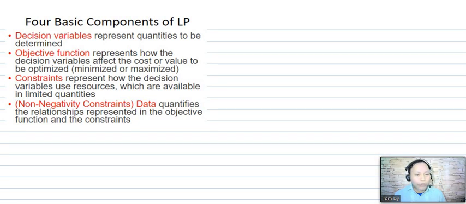Constraints represent how the decision variables use resources which are available in limited quantities. And lastly, we have the non-negativity constraints and the data which quantifies the relationship represented in the objective function and the constraints.